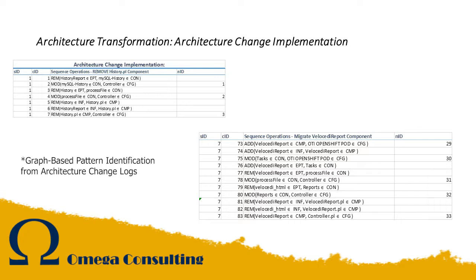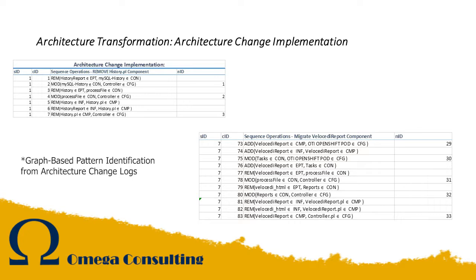These change logs are basically made up of, they call them specifically, atomic change operations that are knitted together into composite change operations to perform add functions, remove functions, and modify functions on the components.